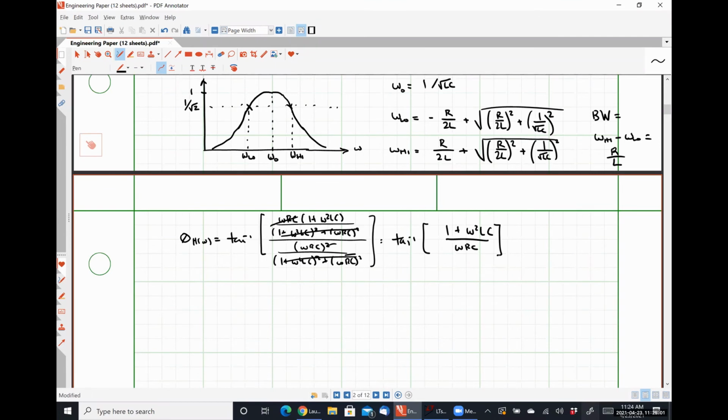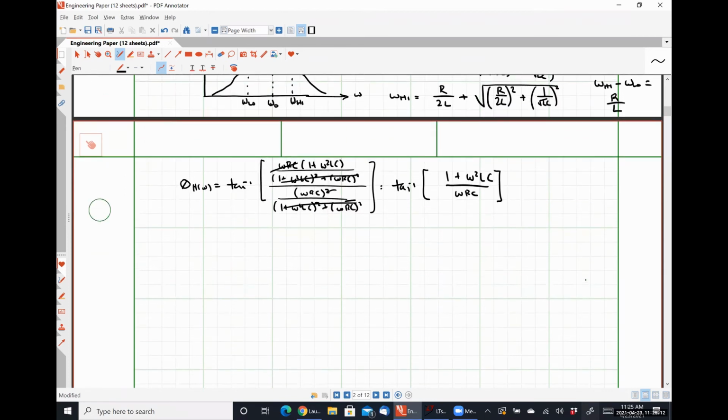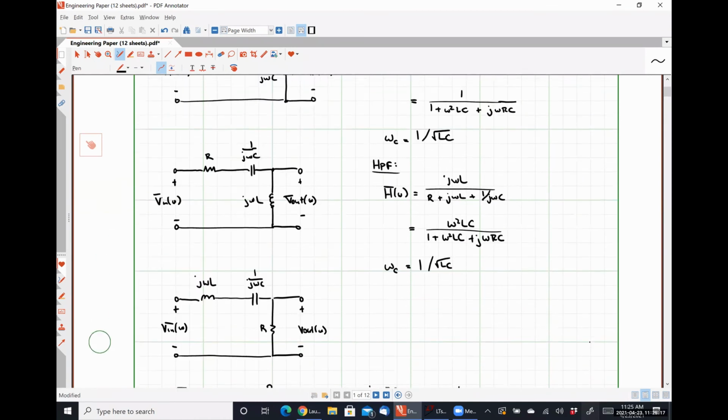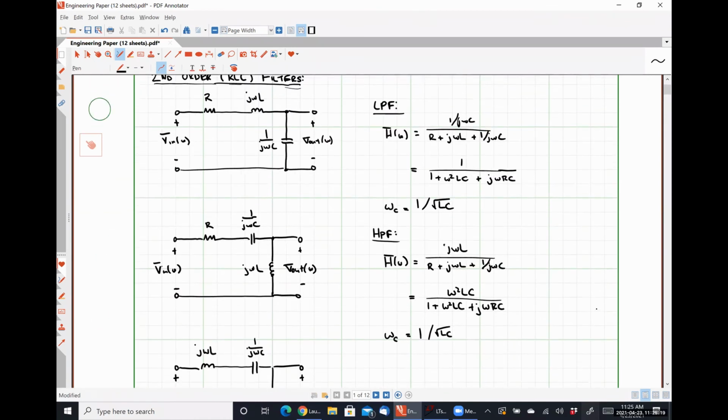All right, so this was a band pass filter. The last thing we're going to talk about today, looks like we're going to get out a little bit early. Oh no, it's Friday. Is the band stop. If we look through these circuits, our first one, we took the output over the capacitor and got a low pass filter. The second one, we took the output over the inductor and got a high pass filter.